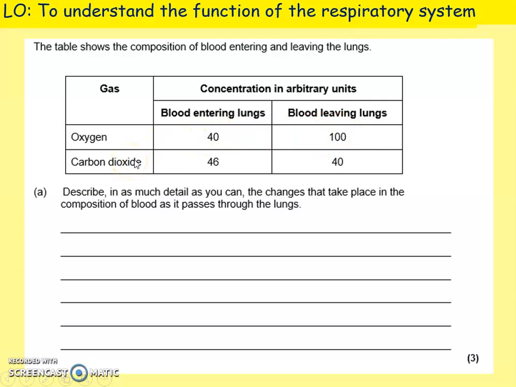Again, carbon dioxide in the blood entering the lungs and carbon dioxide in the blood leaving the lungs. And what you need to do for 3 marks is explain what's happening in this table. You need to look at the numbers and use these numbers in your answer. So I'll pause the clip now and have a go at this question.